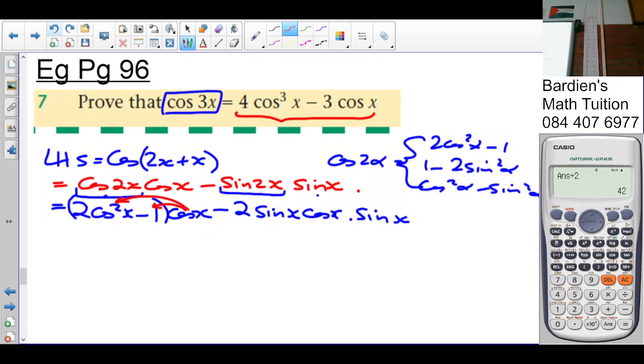What can be done on the negative side, in your second term? Negative 2 sine x cos x times sine x can be written as negative 2 sine squared x cos x. Multiply it in quickly.